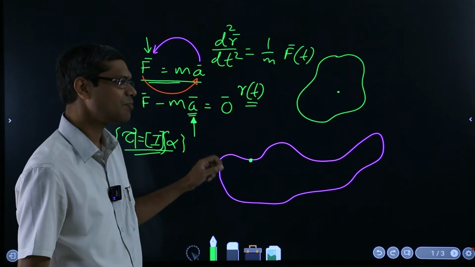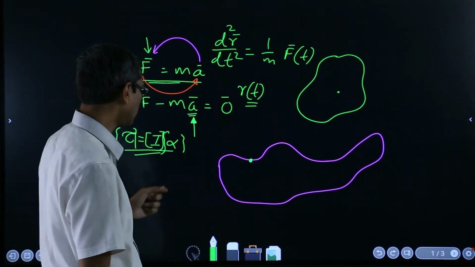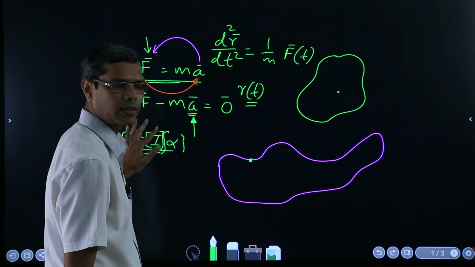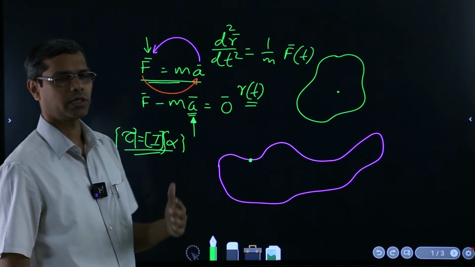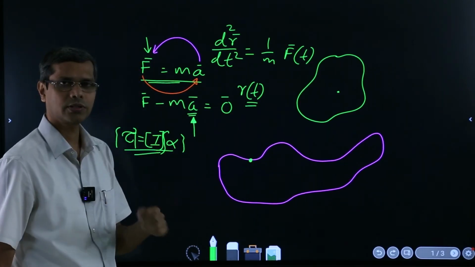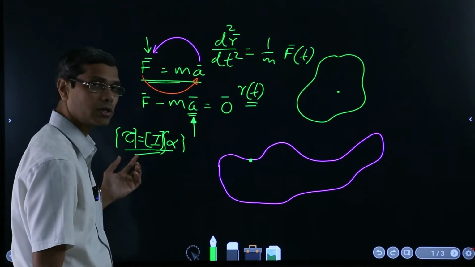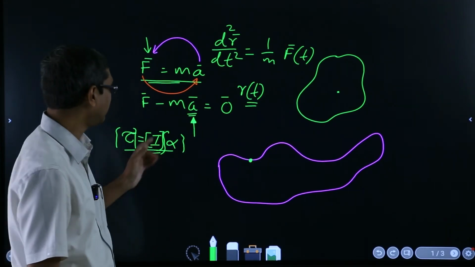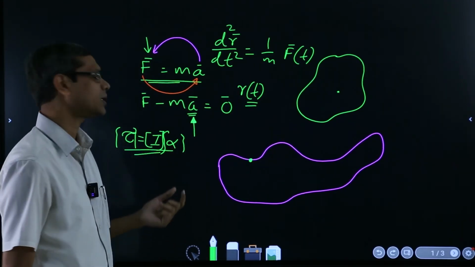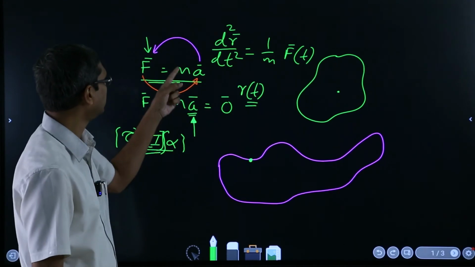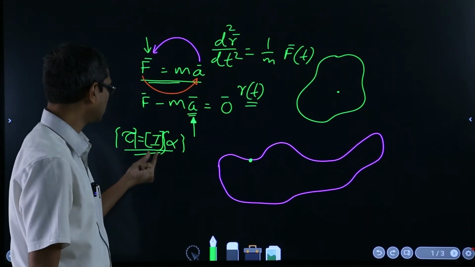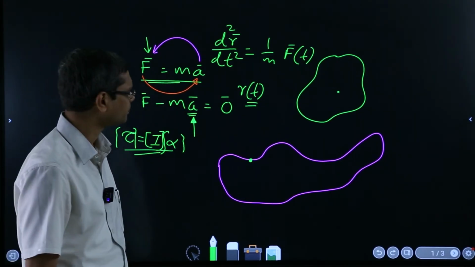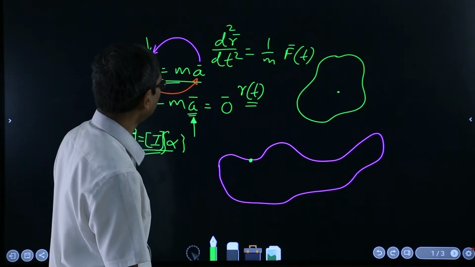This simplification of analysis is not possible when we go to the angular quantities, the angular velocity, angular acceleration, the torque and the moment of inertia, because everything becomes complex just because the mass is a scalar, whereas the moment of inertia is a tensor.